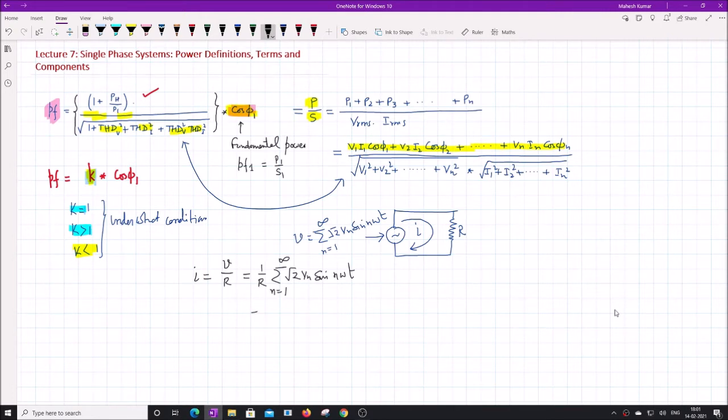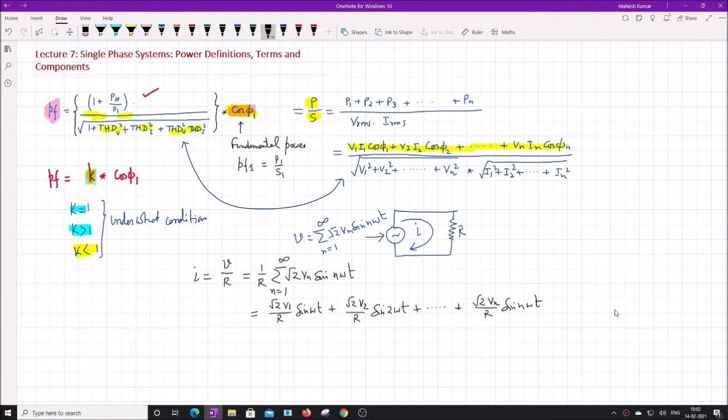And which basically means root 2 V1 by R sine omega t, if I expand the series, plus root 2 V2 by R sine 2 omega t, and this goes on till the nth component, root 2 Vn by R sine n omega t.